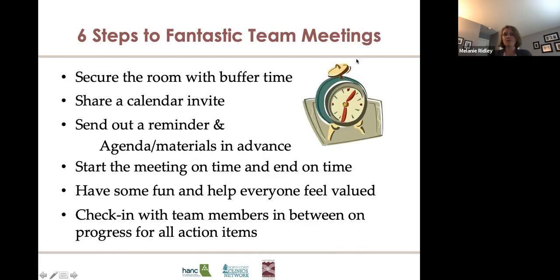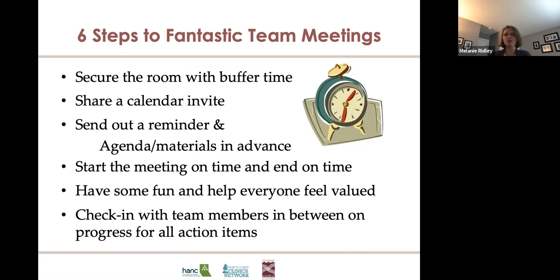There's also sort of the basics of helping make sure you have a great team meeting. So securing the meeting room and making sure you have a little buffer time before and after so that people aren't rushed. Share the calendar invite so people know when and where. Send out a reminder and the agenda or other materials in advance. Starting our meeting on time and ending our meetings on time.